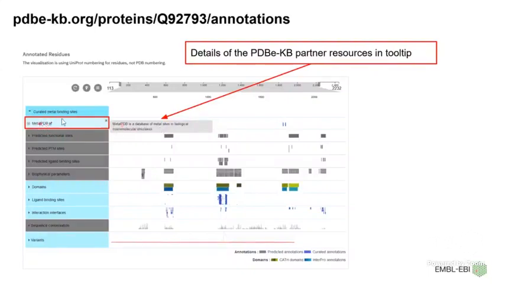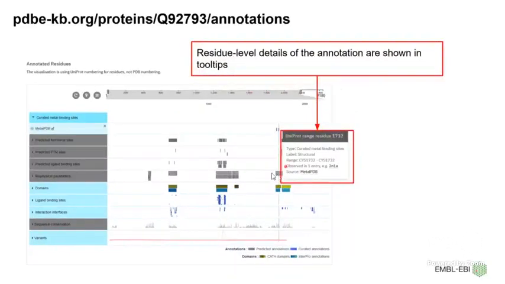For example, over here you see Metal PDB is a database of metal sites in biological macromolecular structures, and similarly you can look at the details about other resources while hovering. If you hover over a residue, you can also see the annotation details in the tooltips.